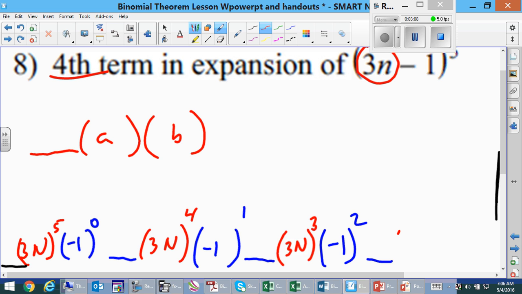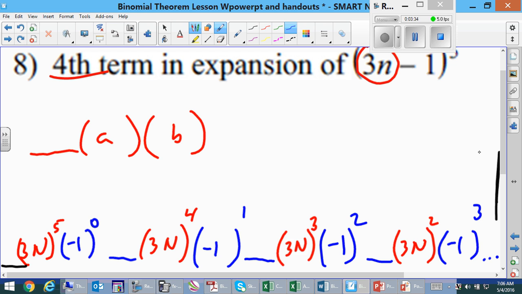We could expand the entire binomial like this, but this is only asking us for the 4th term. That's going to be a 3n raised to the 2nd power, and the B term is going to be raised to the 3rd power. I'm going to put dot, dot, dot, because we don't need the rest of them at this moment.